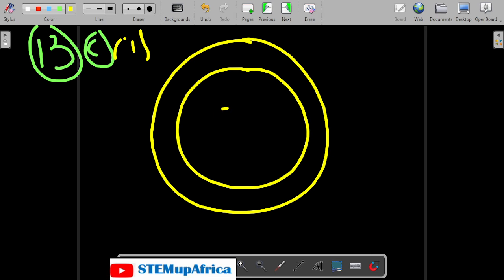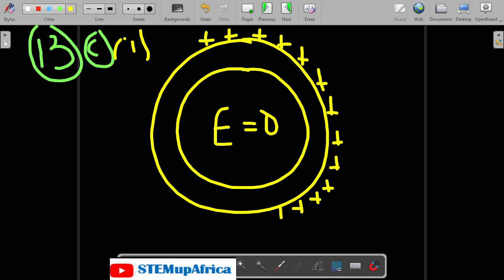Here our electric field is 0. There we have uniform charges well distributed around the circular object. A positive charge uniformly distributed around it.